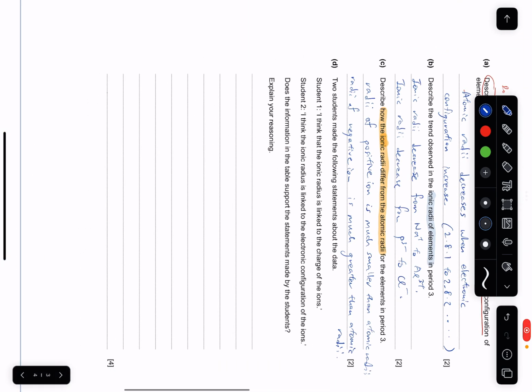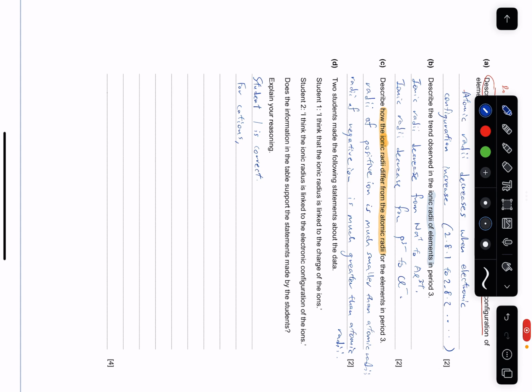It is correct. So you say student 1 is correct. It is supported because why? For cations, okay, I am writing cations. Can you explain using the data for anion? You can, no issue. I'm just writing for cations.